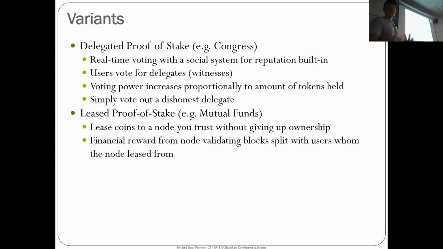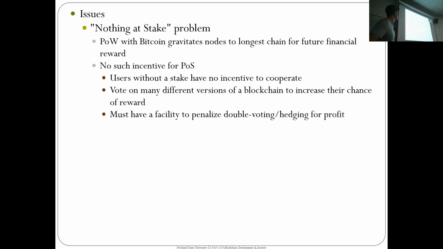And then the idea of leased proof of stake is that that reward will then go out to the people who have leased their coins into the protocol. And so you have an incentive system for people to not only allocate their coins to a trusted entity, but for that trusted entity to act faithfully on their behalf. Because then that's the only way that that entity can make money off of mining as well, or validating.